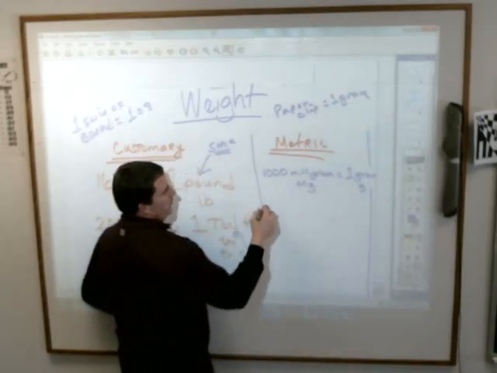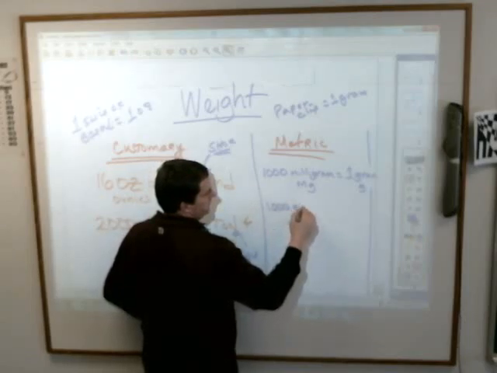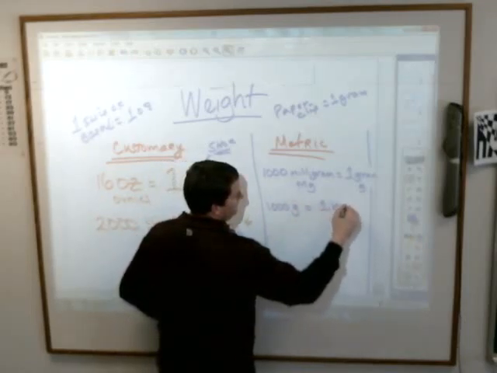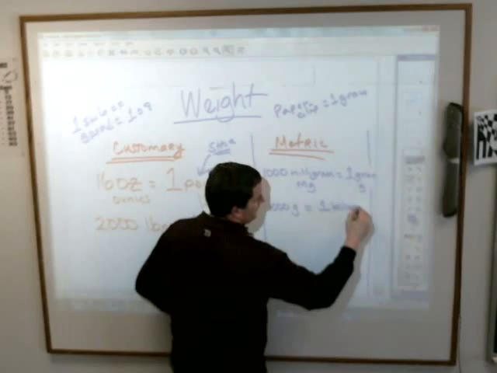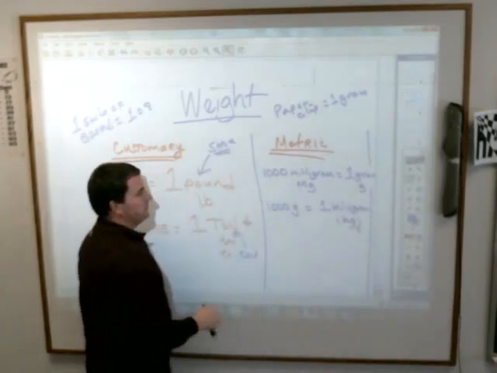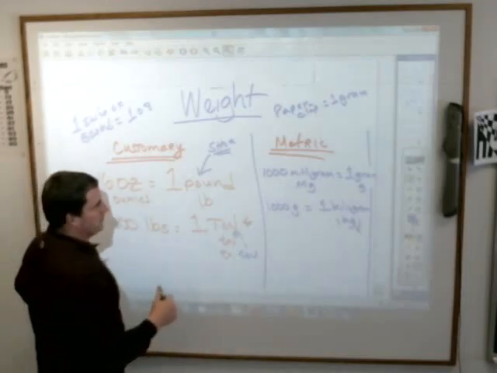And then if you take 1,000 grams, that is 1 kilogram, which you abbreviate as kg. It's kind of a reference point between the metric system and our system here.